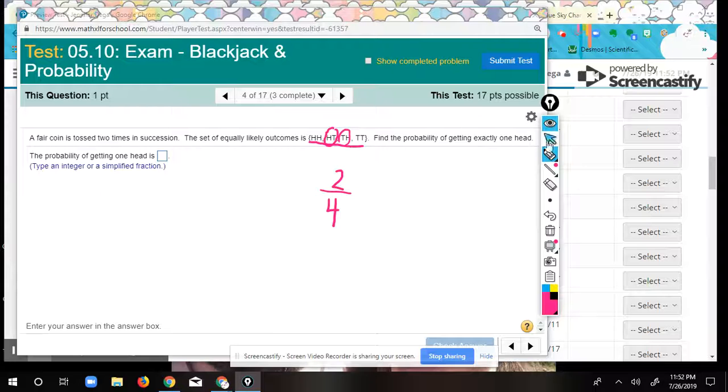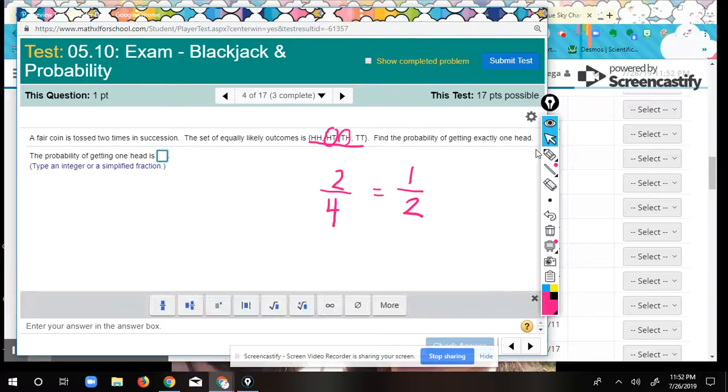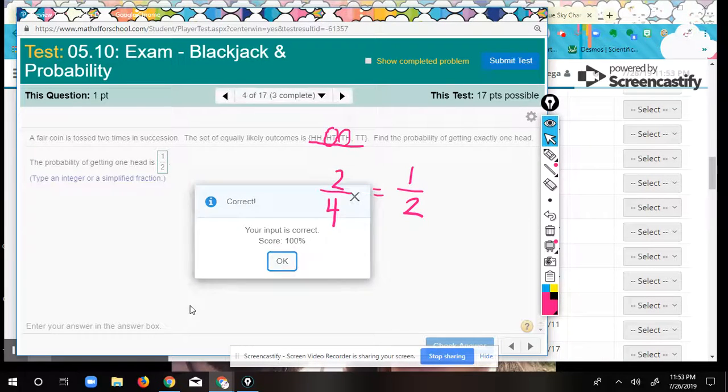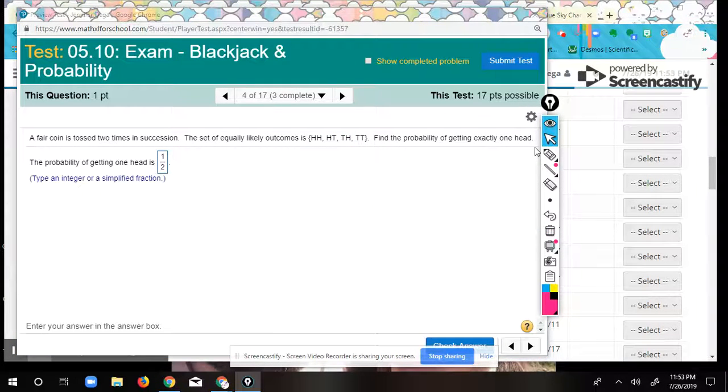So that's 2 out of 4, which reduces to 1/2. We have to remember this one is about an experiment where you toss a coin twice, and you have to count all the outcomes. HH is like if you got 2 heads. So this one is going to be 1/2. See, we got this.